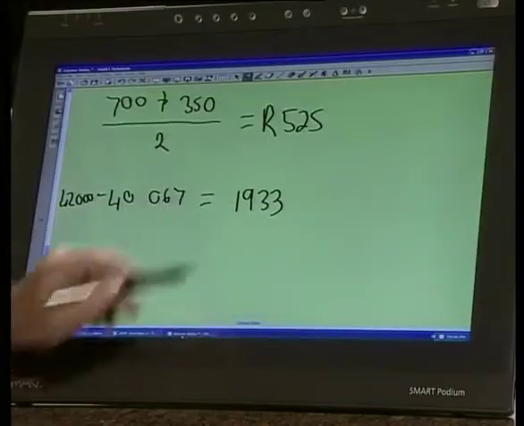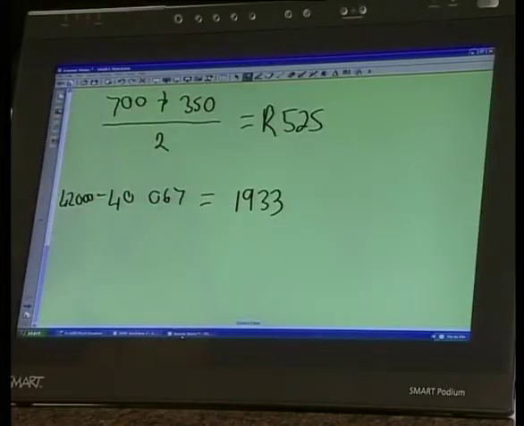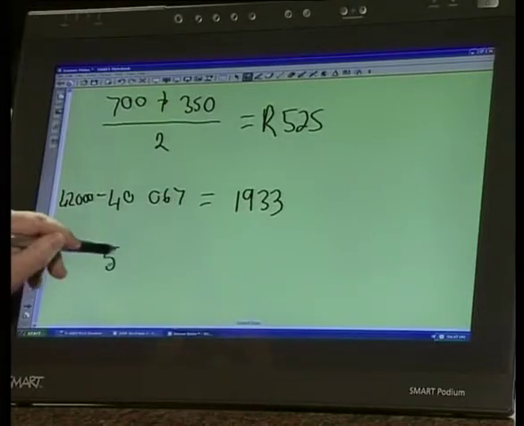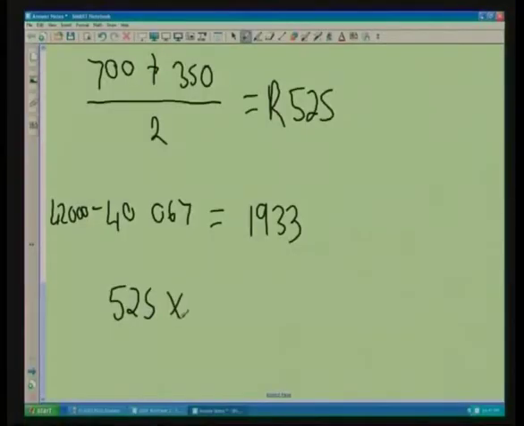Let's go back to our answer here. We had 525 Rand as the average, but we actually want to work out 48% of that 525 Rand. So let's do that quickly as well, and we're going to say 525 multiplied by 48%. Now remember, to calculate 48% on your calculator, you say 48 divided by 100.